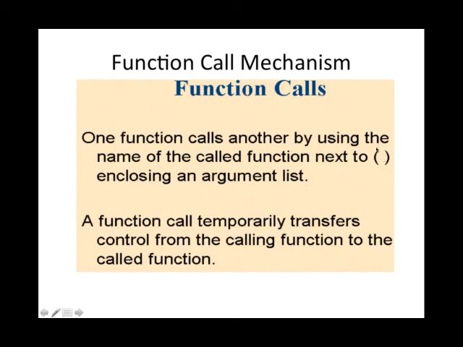The caller function supplies the argument, the called function uses the argument. And if there's more than one argument, they're comma separated. We'll see examples of that very soon. And what happens is that a function call temporarily transfers the control from the calling function to the called function and executes the algorithm in the called function.